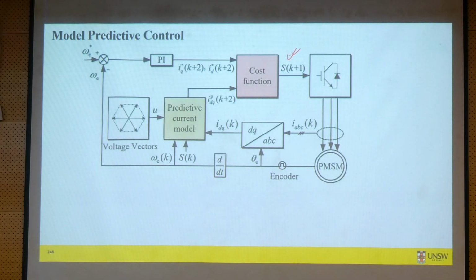I think in the next part of the lecture you will be exposed to what model predictive control means. Again, for model predictive control, since we are not using PWM or SVM, it is discrete switching signals going to the inverter. So the same problem: large torque ripple and large ripple in the flux. So classic model predictive control has the same problem as DTC.